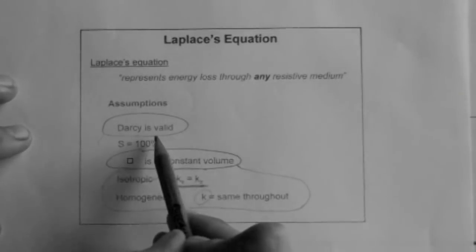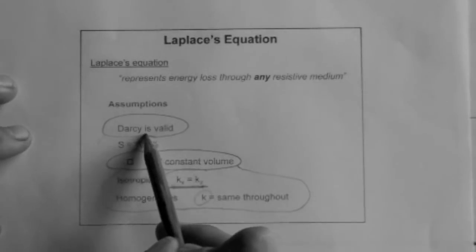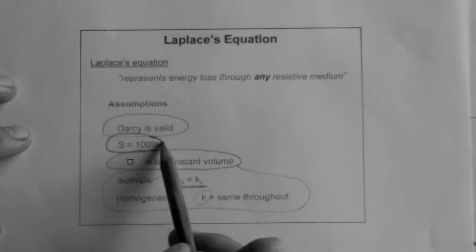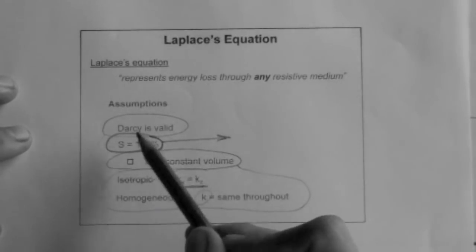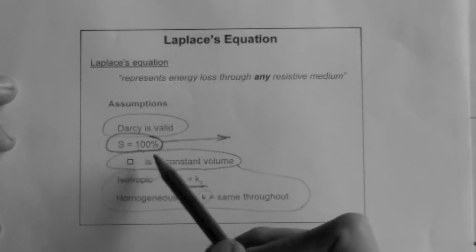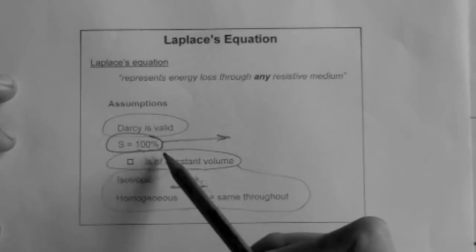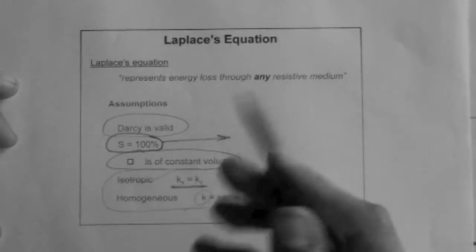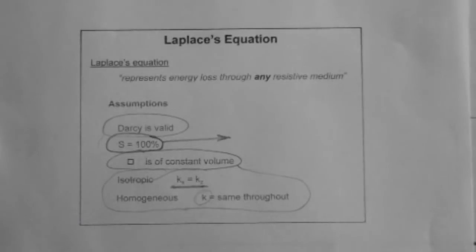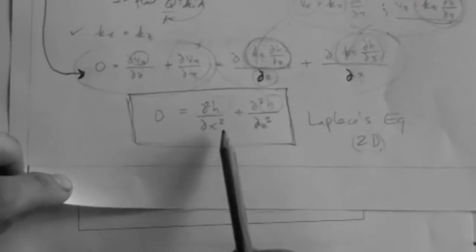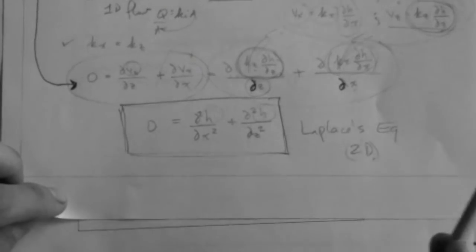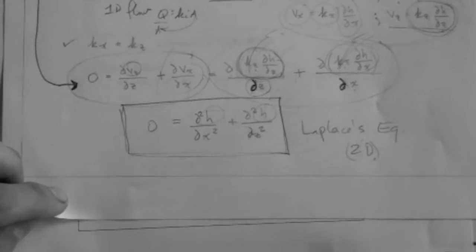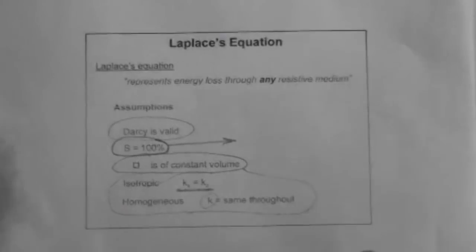Something that we didn't mention, but is clearly part of this derivation, is that the degree of saturation is 1 or 100%. Okay? That means that the soil is completely saturated. If the soil is not completely saturated, then we have additional terms, and the Laplace's equation that we get wouldn't be this one. It would be one that is more complex, because it involves the flow of air as well as water. Okay.